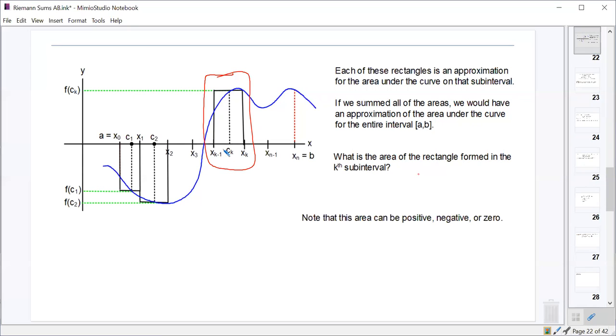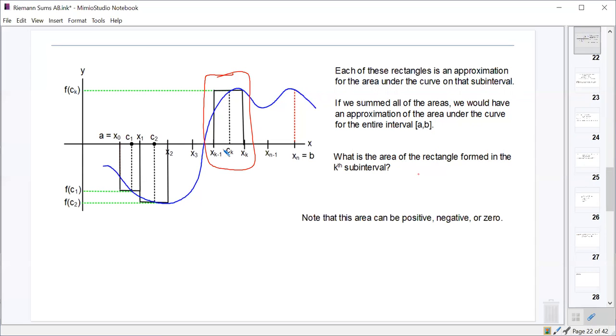So what have we been doing previously with each of these area approximations? We found each area, and then what did we do with each of the areas? We just added them all together. That's what we did for the left ones, the right ones, the midpoints, and the trapezoidal.